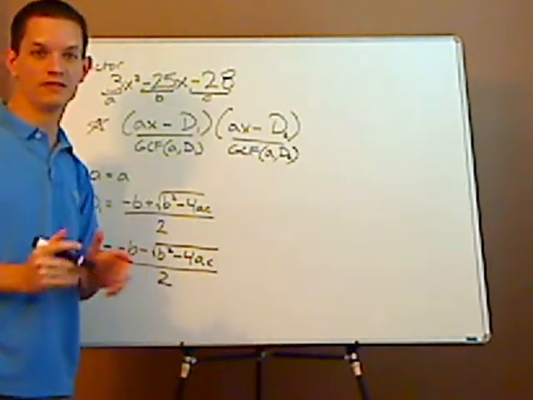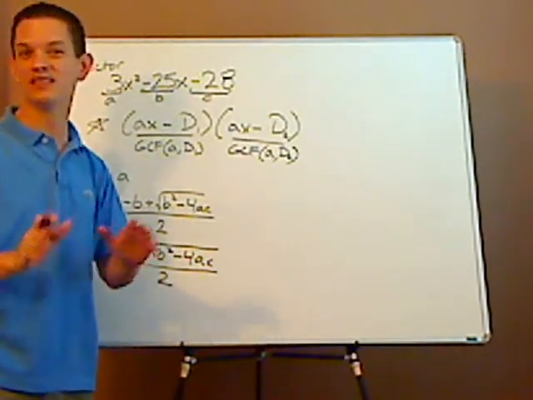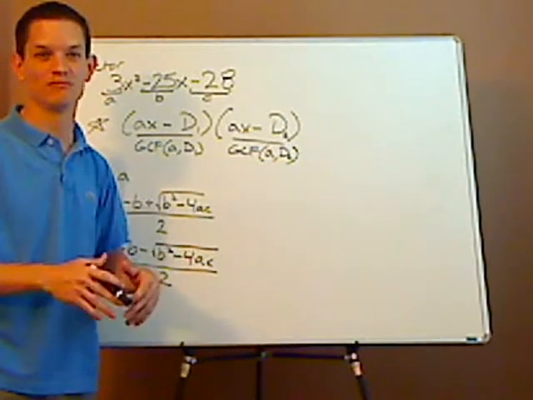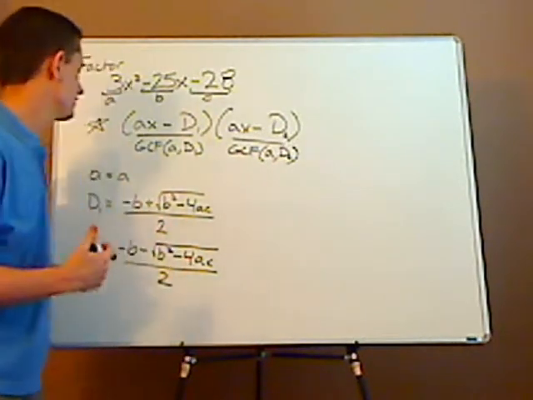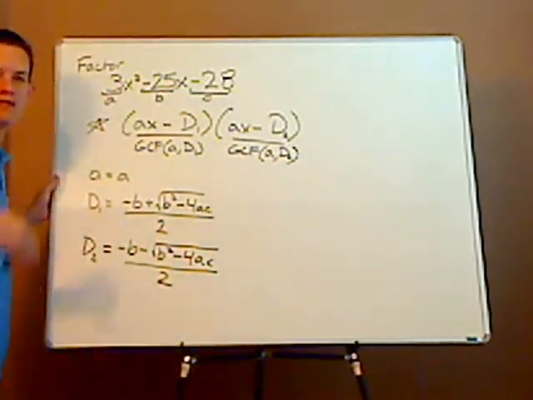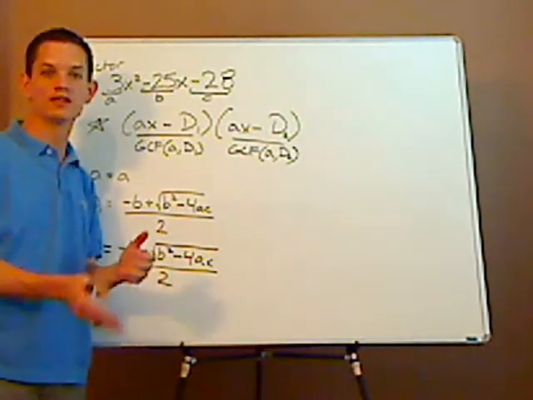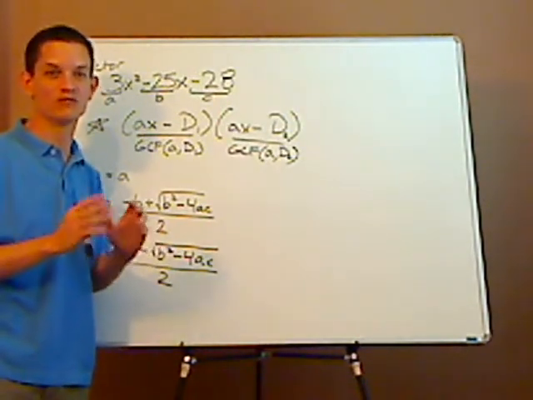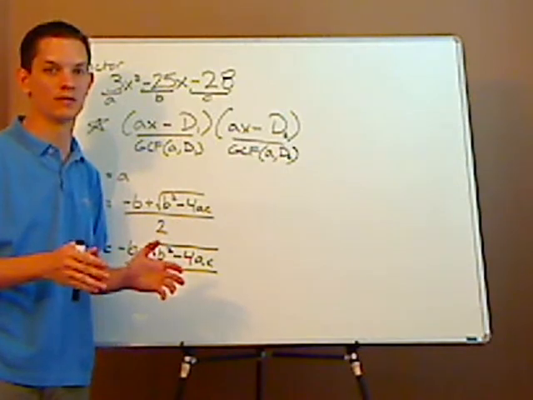What I ended up doing to find this formula, and it probably exists somewhere out there, I'm just not aware of it myself, was I reversed the quadratic formula. That's why some of these numbers are going to look very similar to the quadratic formula.